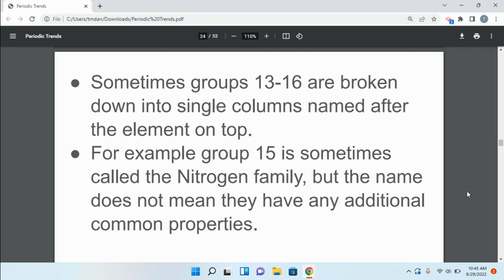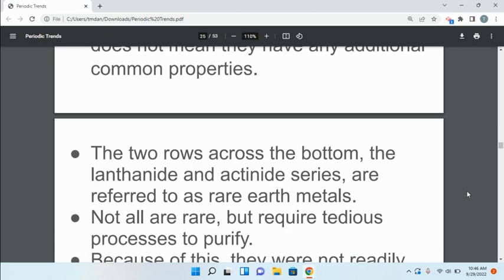The metals in the group will have some common properties. So antimony and bismuth will have some common properties, but the properties of nitrogen and phosphorus are not the same as the properties of antimony and bismuth. So again, they won't have common properties. So they really aren't families.